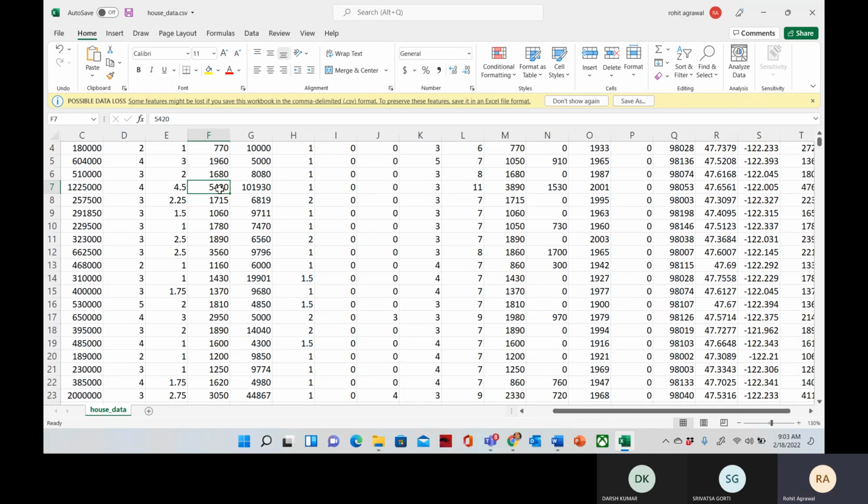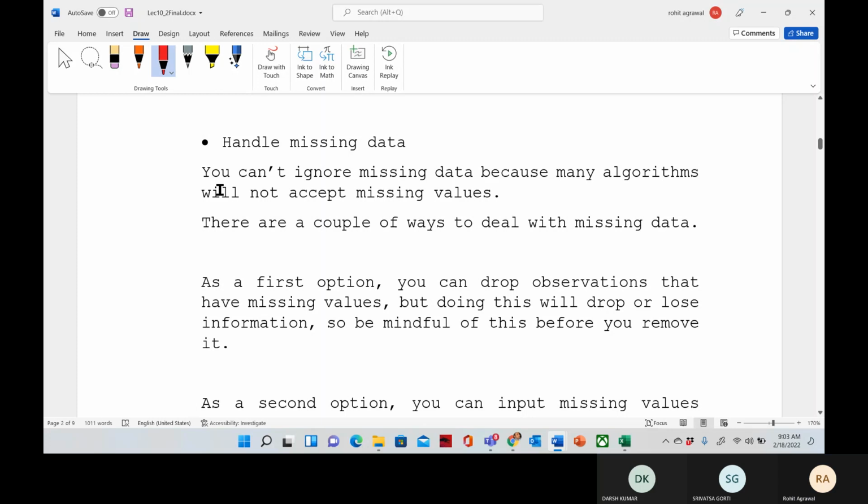Can anyone suggest what we can write here? Any suggestion? Yes, we can use the mean value and fill in that mean value. Sir, can we also use median? It depends, you can use median. There is no fixed rule actually. There is no fixed rule about which value is good and which is not good.